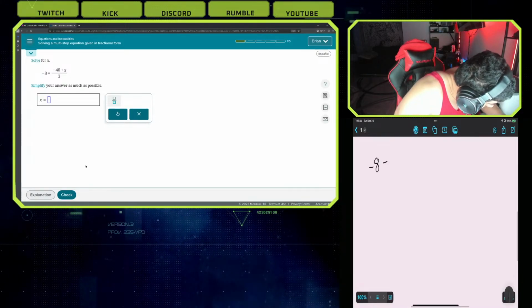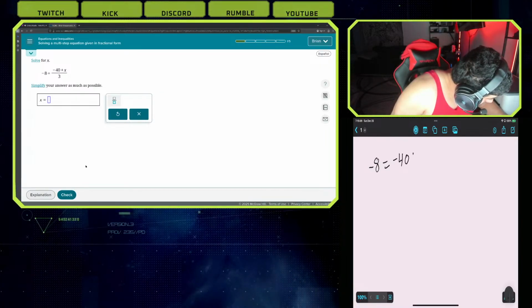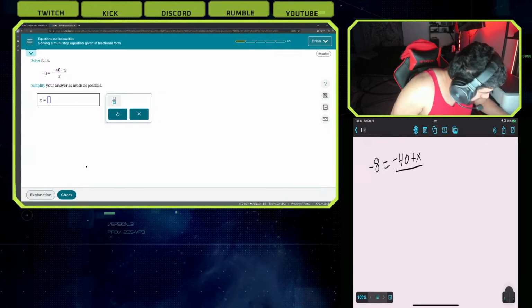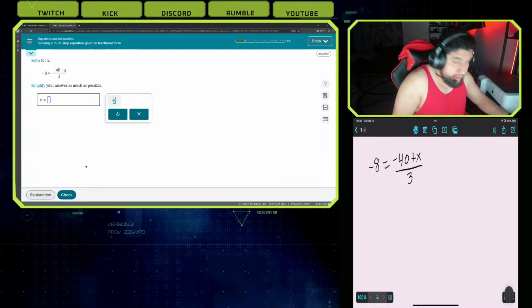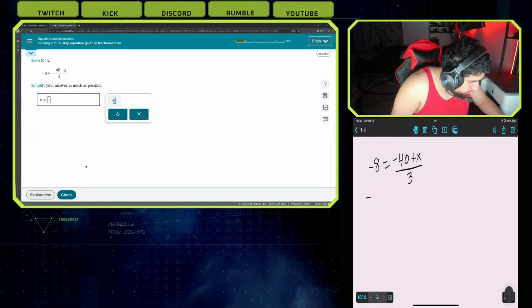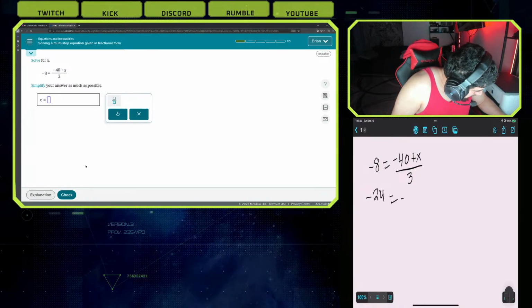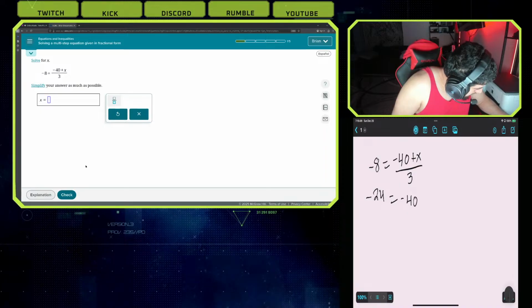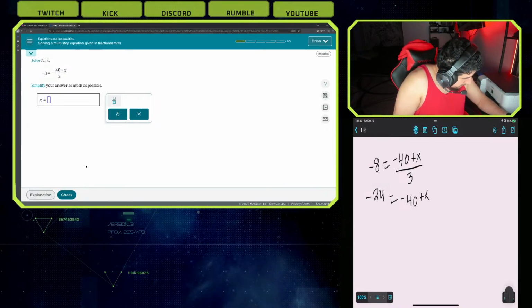Negative 8 equals negative 40 plus x all over 3. Alright, so the left side is going to get multiplied by the 3. So negative 24 equals negative 40 plus x. Alright.